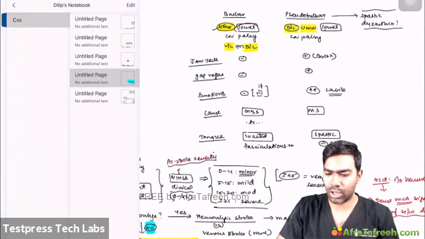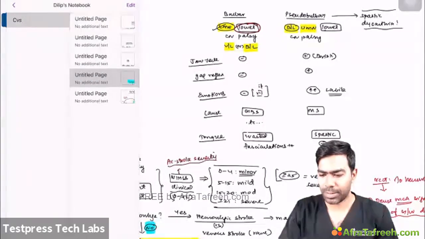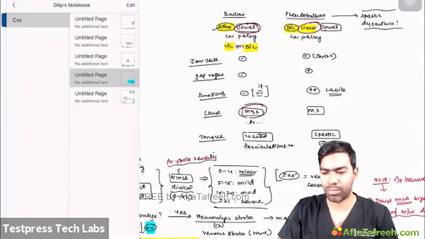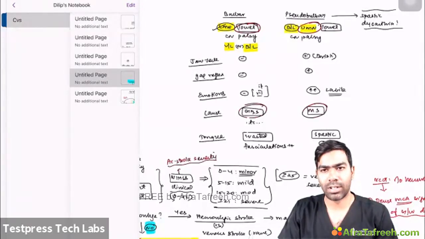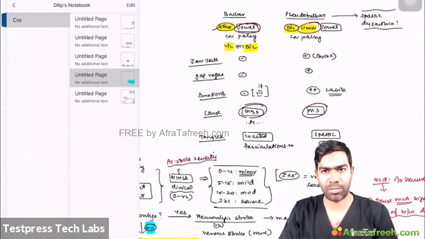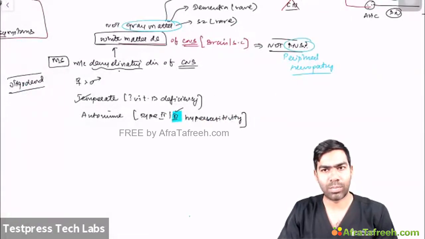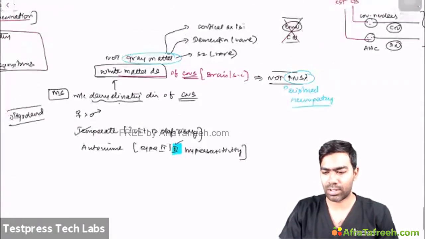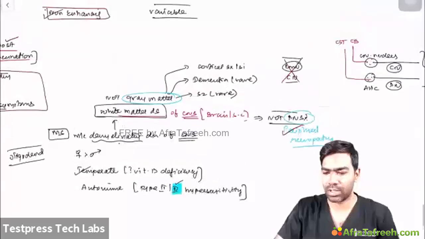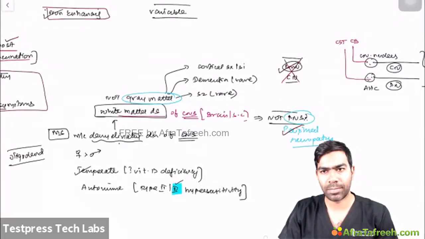In that, in the lower motor neuron type I discussed GBS, whereas in the upper motor neuron type of palsy I discussed MS, which means the lower motor neuron type of palsy is not possible in multiple sclerosis. Only the upper motor neuron type of paralysis will be possible in multiple sclerosis. That's why, remember, no peripheral neuropathy, no LMN cranial palsy.